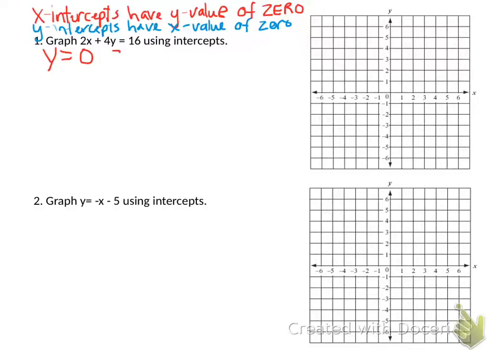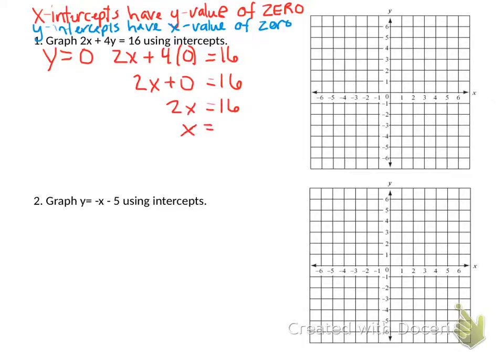So I can plug in 2x plus 4 times 0 equals 16, and now I can solve for x to find out what that x-intercept is. So 4 times 0 is 0, so I get 2x plus 0 equals 16. Plus 0 doesn't do anything. I've got 2x equals 16. So x equals 8. My x-intercept is 8.